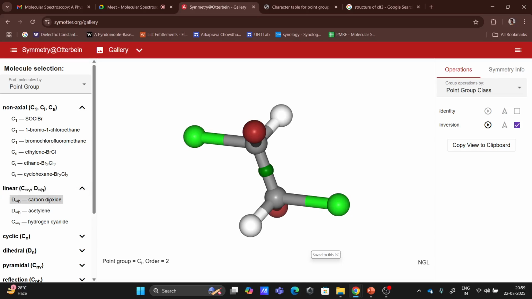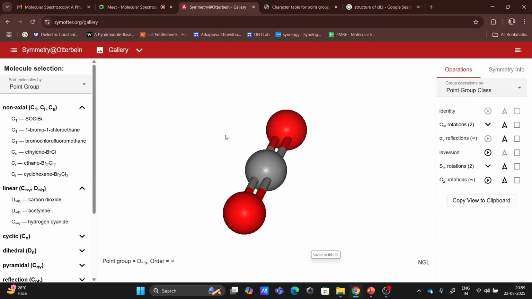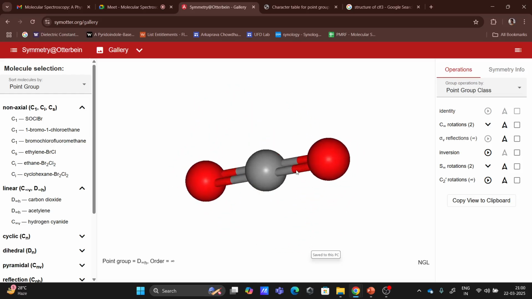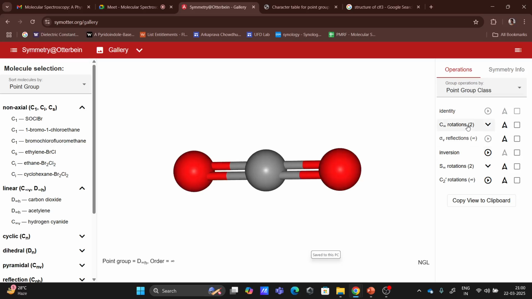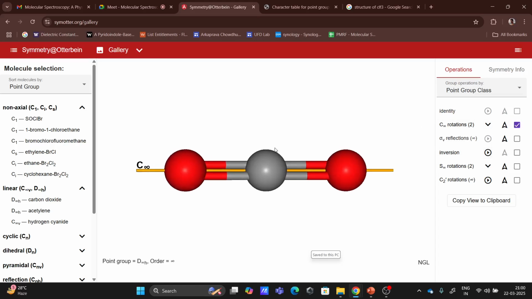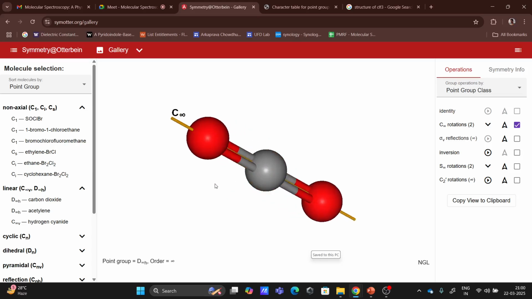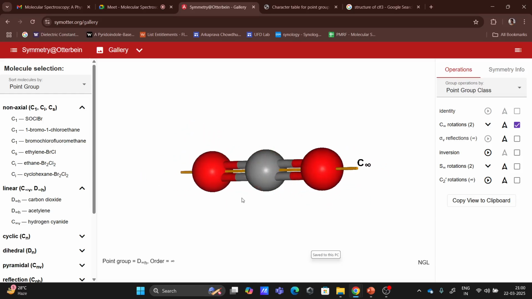Let us see carbon dioxide. First of all, you can see this is a C infinity axis. C infinity means along this bond you can rotate by one, two, three, any angle. Infinite angles are possible where you are getting the equivalent structure.